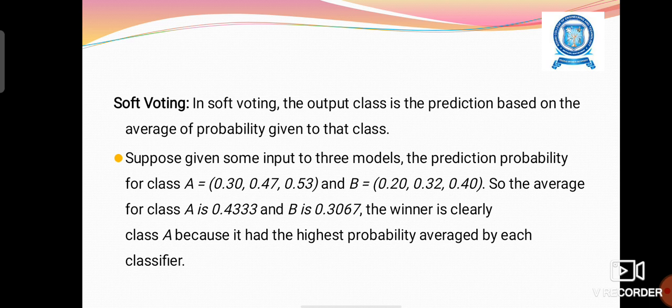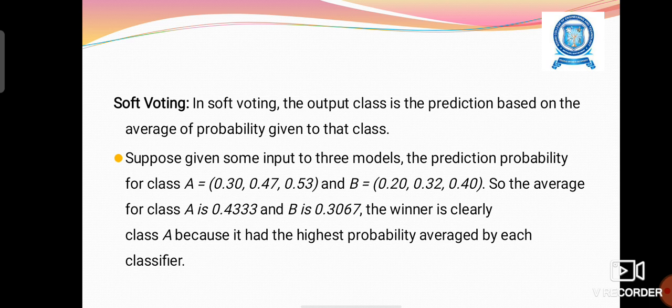Suppose given some input, three models provide the prediction probability for class A. The first model calculates the probability of A as 0.30, the second model as 0.47, and the third model as 0.53. So the three probability values are averaged, and we get the final probability value for class A as 0.4333.